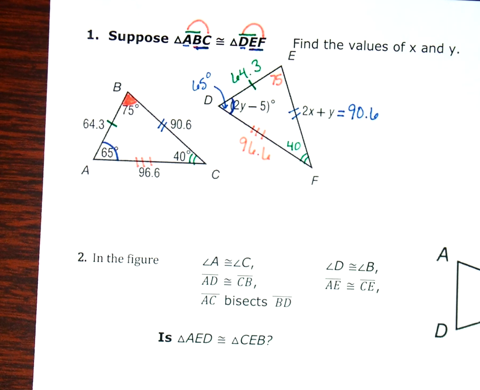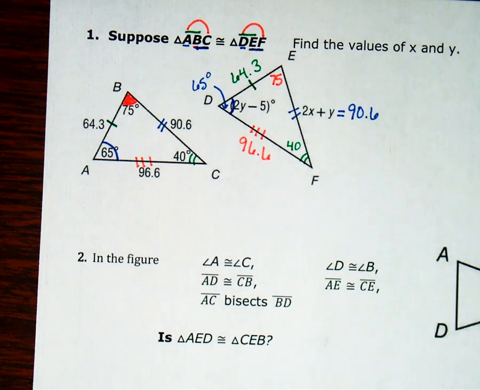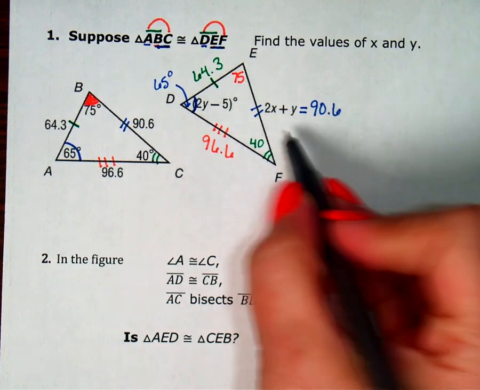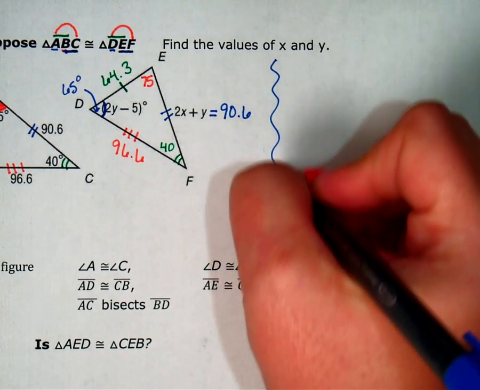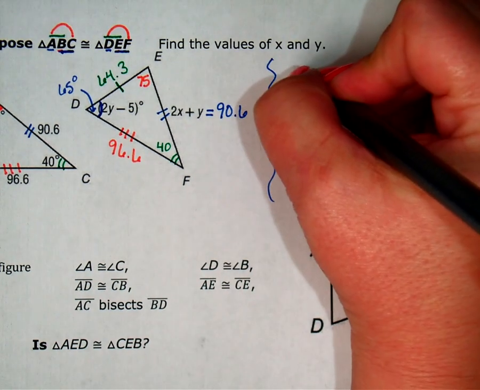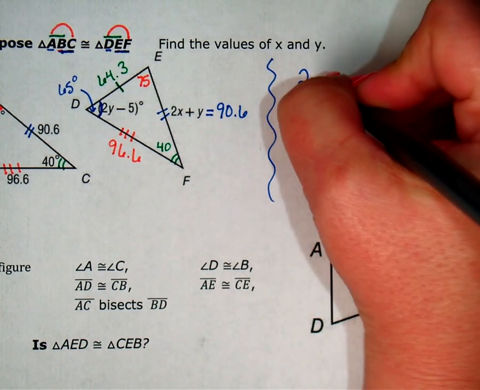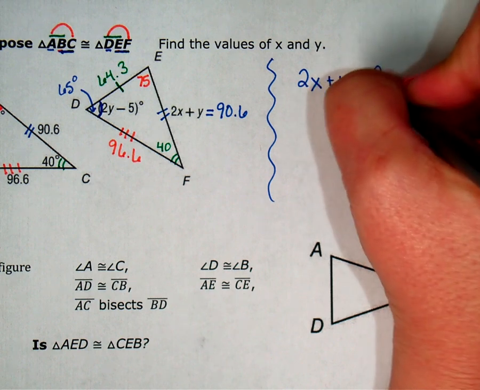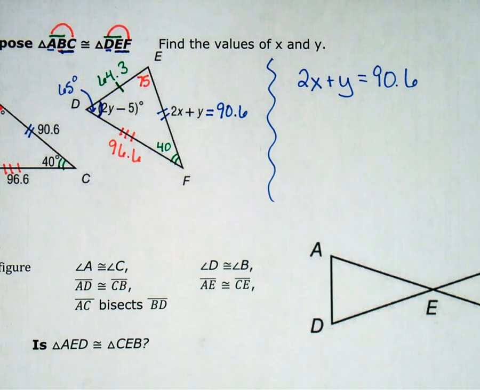Okay, so now this is trying to find what is the value of X and the value of Y. So if I look for an X, I see my X right here, 2X plus Y equals 90.6. So I'm going to come over here and write that equation, 2X plus Y equals 90.6. Now here's my problem.